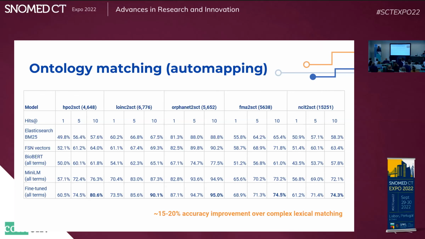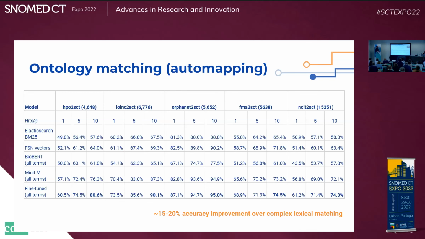The other area is ontology matching, or mapping between 2 different ontologies. We've measured a couple of already produced and well-defined maps, like HPO to SNOMED CT, LOINC to SNOMED CT, and FMA to SNOMED CT from the ontology alignment track, and others like these. We've seen that in general, you can improve your search accuracy and relevancy by 15 to 25%, something like that.